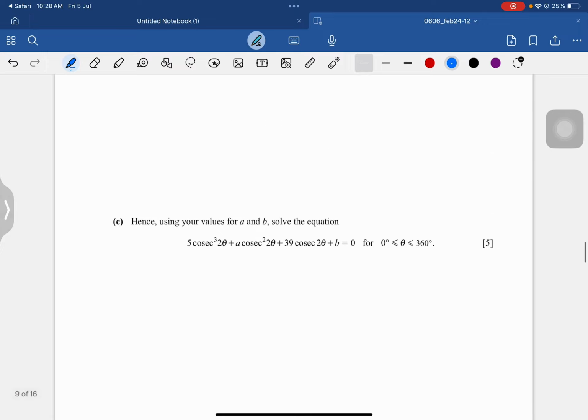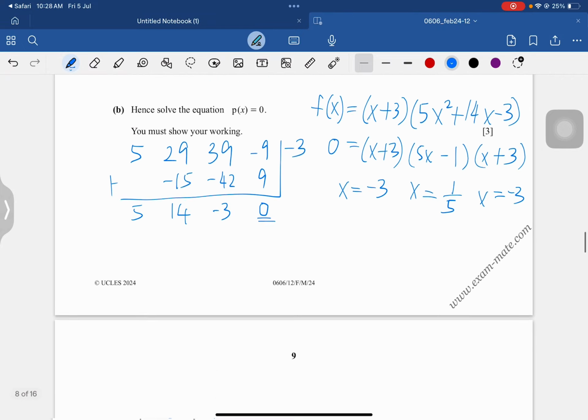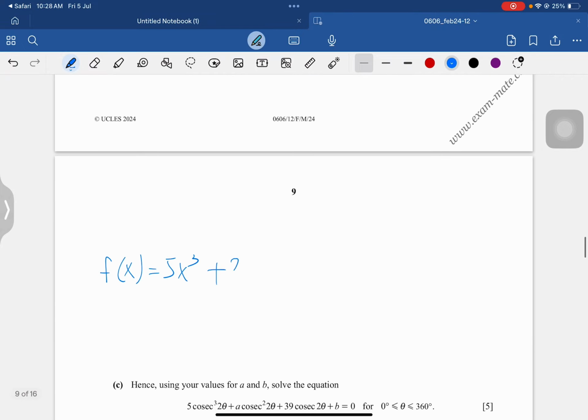So let me write down the f of x here again. Previously, your f of x is equal to 5x cubed plus 29x squared plus 39x minus 9.